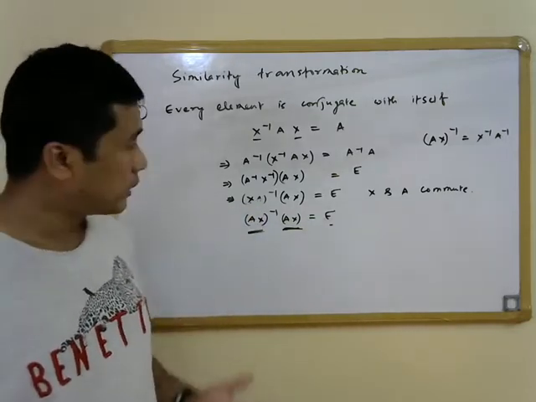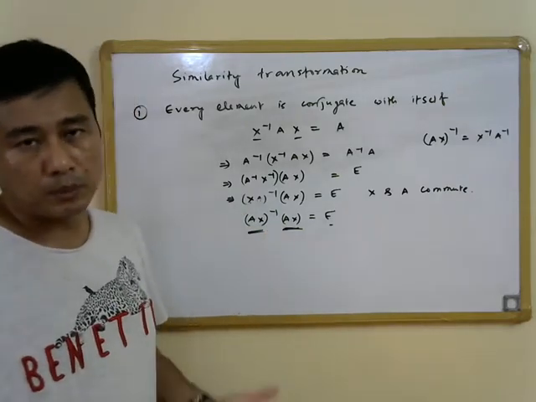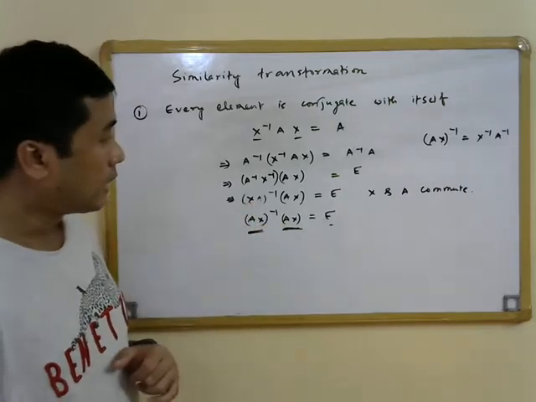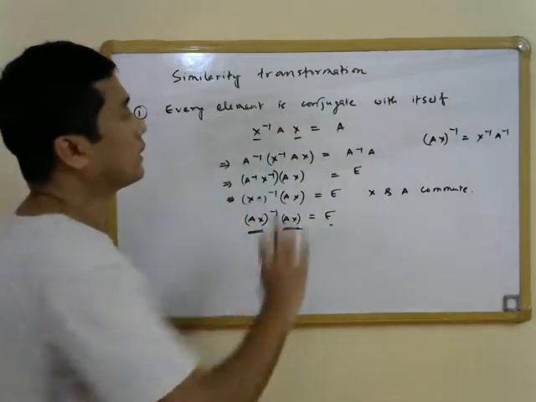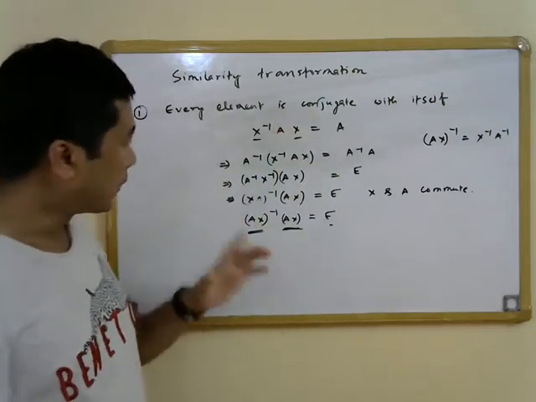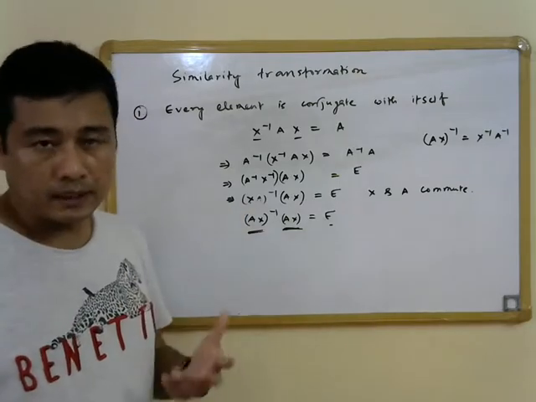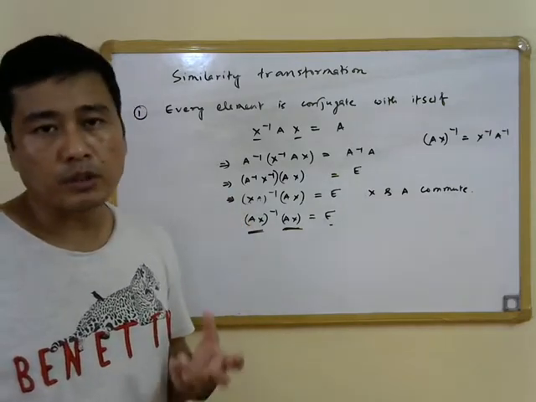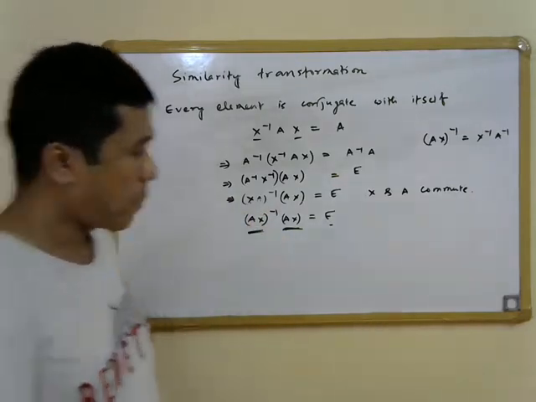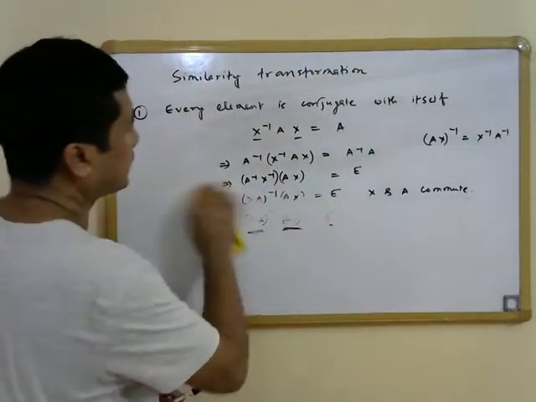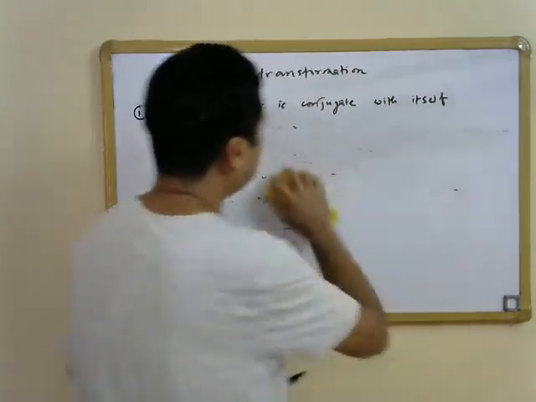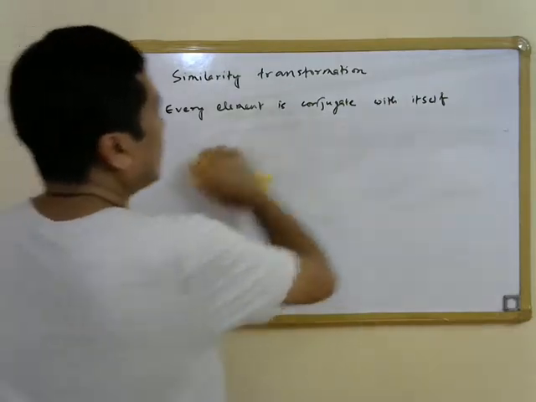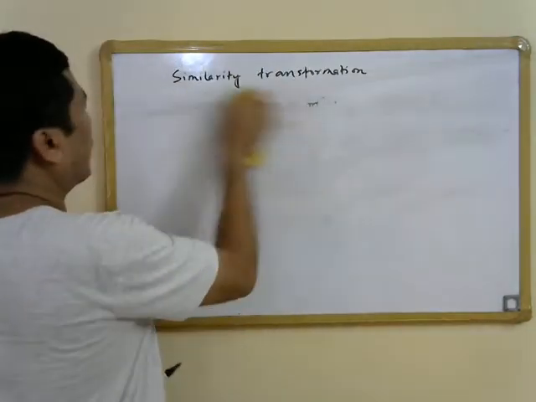Since identity is always present, this expression is going to be correct when we replace X by the identity element, and that is why every element is going to be conjugate with itself, at least when we put X equal to identity, or if X can be any other element which commutes with the element A. So we have proved the first relation between conjugates, that is every element is a conjugate of itself.